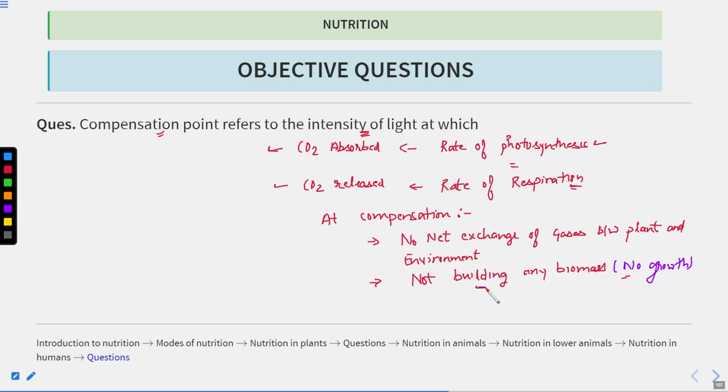This is a negative feature for the plant. You can also say at the compensation point there is no net photosynthetic gain, because the rate of photosynthesis is equal to the rate of respiration.